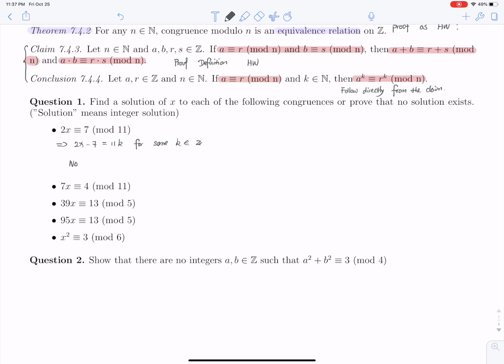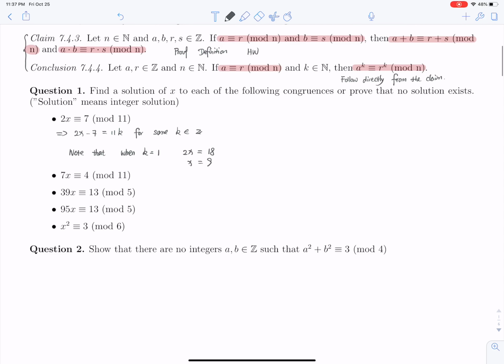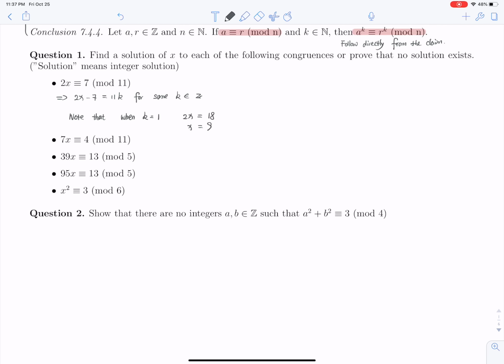Note that when k equals 1, we have 2x equals 18 and x equals 9, which satisfies our condition. Well, x is an integer. Some of you might ask, why did I pick k equal to 1? Because k could be any integer.